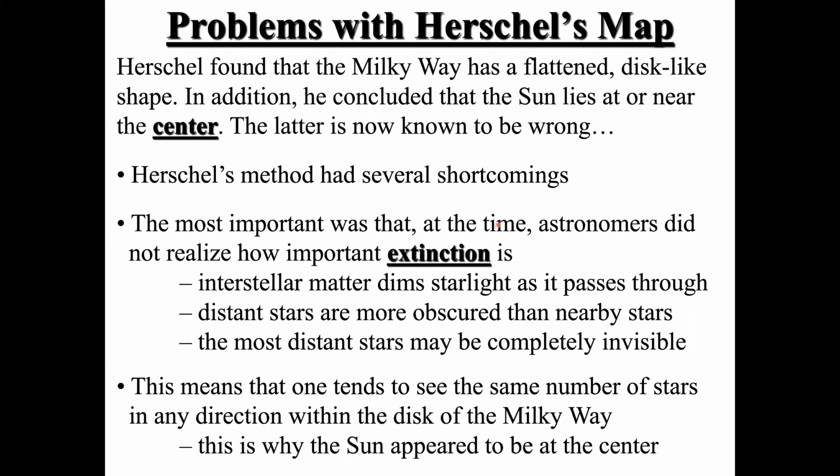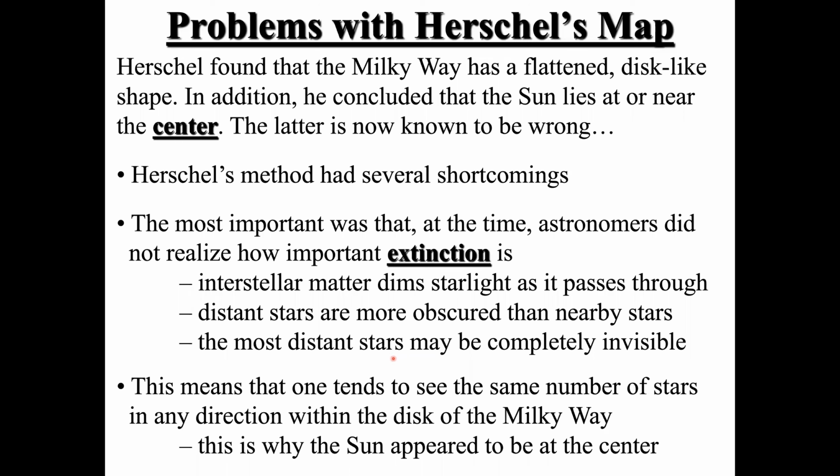And because of that, these distant stars, when the stars are so far away, the light has come through a lot of space with dust, so they are more obscured than nearby stars, right? And because of that, some of these distant stars may be completely invisible, or some of them are very faint, right?